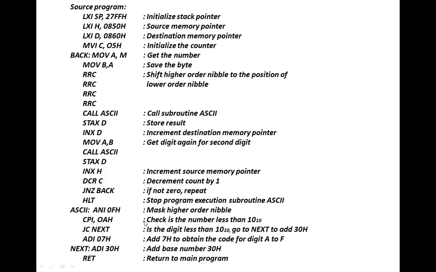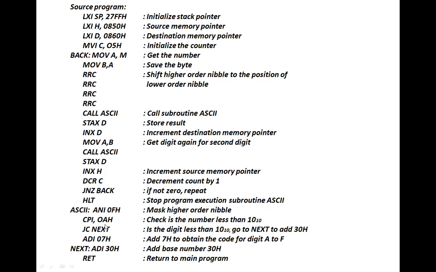Then we check, once we have done ANI 0F, whatever we have got in the form of a lower order nibble, we are going to compare whether this number is less than 10 decimal, whether this number lies between 0 to 9, or it is more than 9. And for that purpose, we are using the compare immediate instruction with 0A.